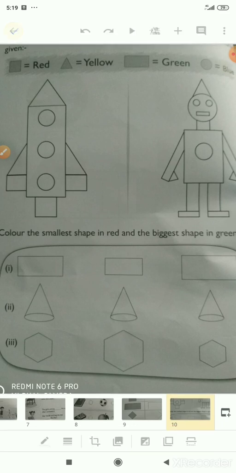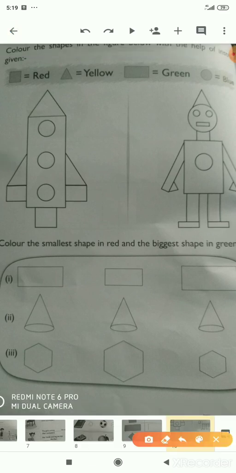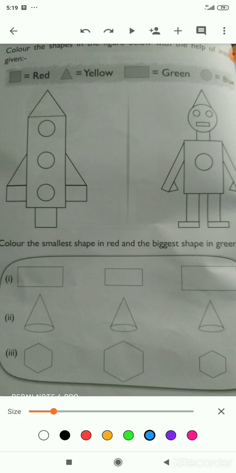So here we go. For square we have to color red. So where is the square? This is the square, so here we have to color it red.